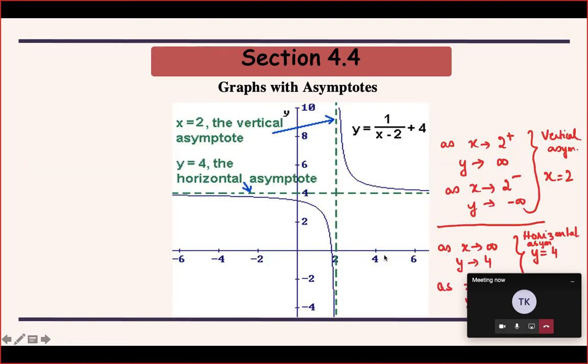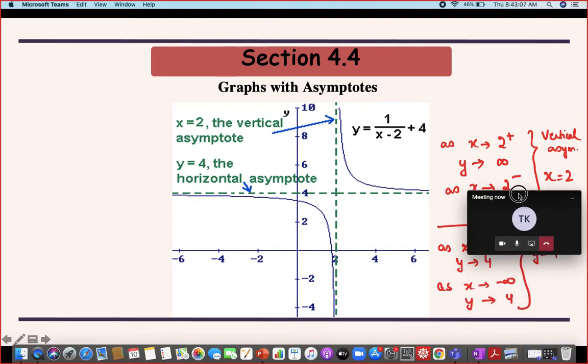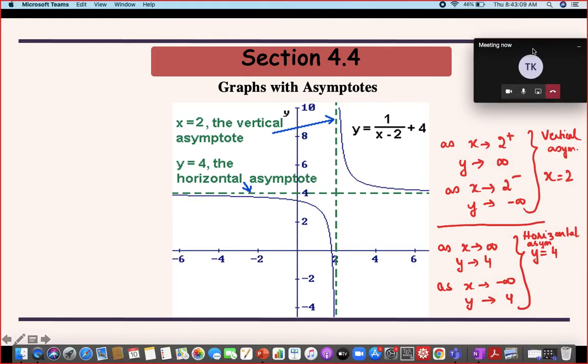Okay, so again, as I had taken up this particular function, y is 1 by x minus 2 plus 4. You can see that as your x tends to something closer to 2 from the right of 2, so when we come from bigger numbers, 4 and then 3, and then we are approaching 2, your graph is going to move towards plus infinity.